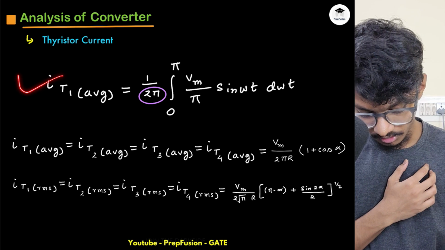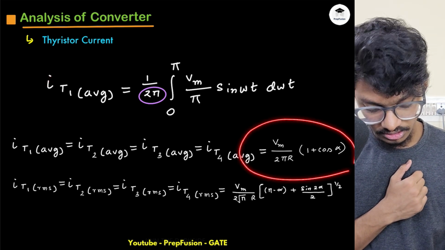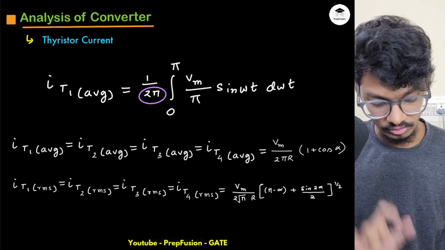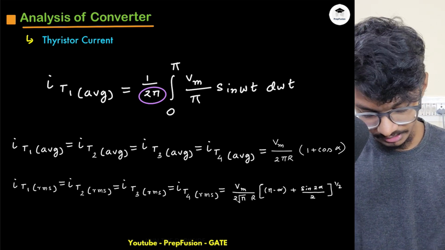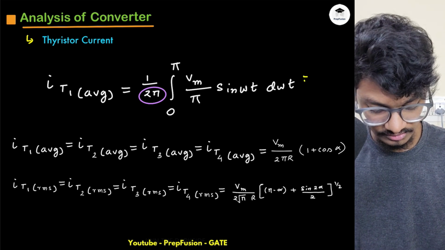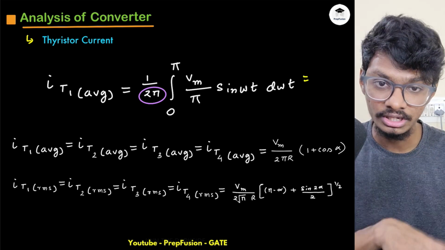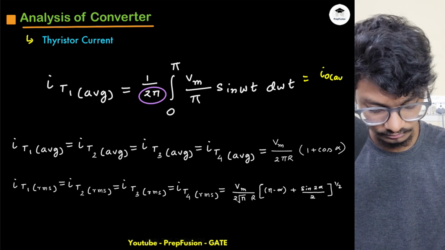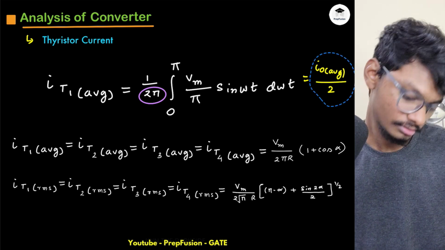If you use this formula, you will find the average value, divided by 2. Whatever average value you found, Io average, I will just divide by 2, because it is only conducting for the first half cycle. So it is Io average divided by 2.